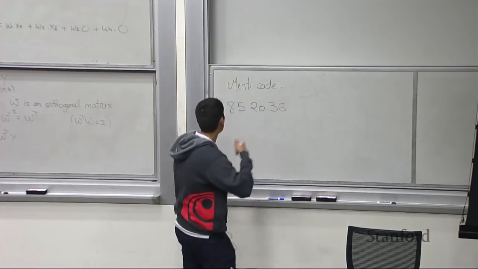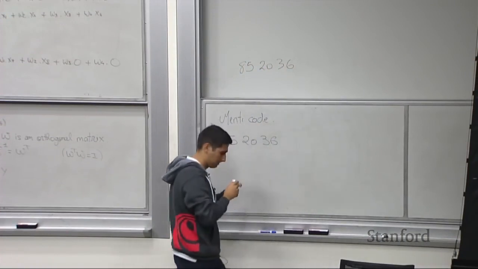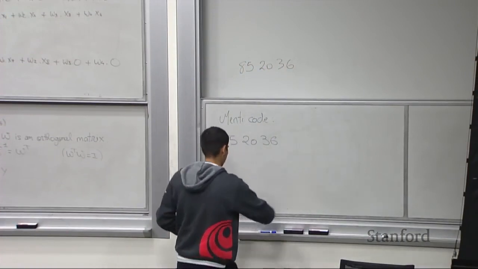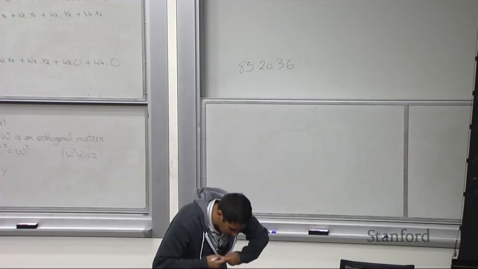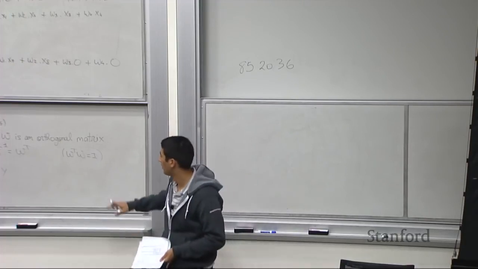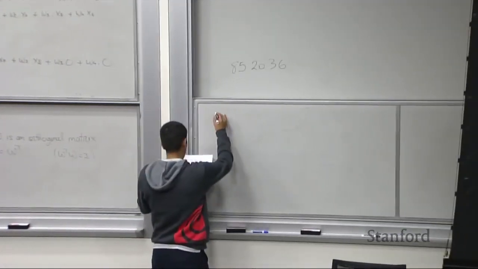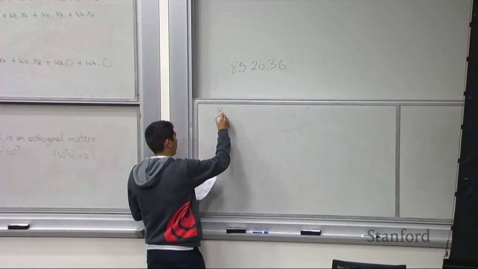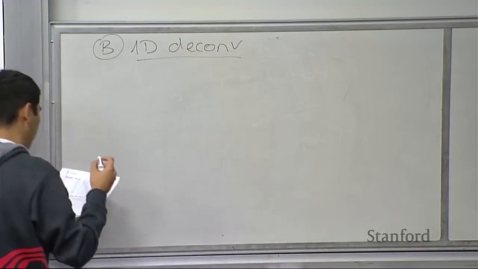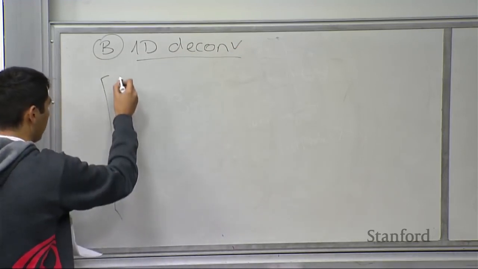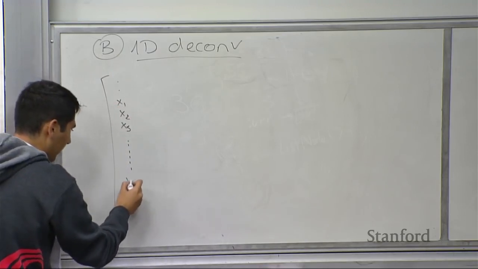Let me write down the Menti code. So let's say now we have our Y and we want to generate our X using this method. So what I would write is, to understand the 1D deconvolution, we can use the following illustration, where we have X here, which is 0, 0, x1, x2, x3, all the way down to x8.